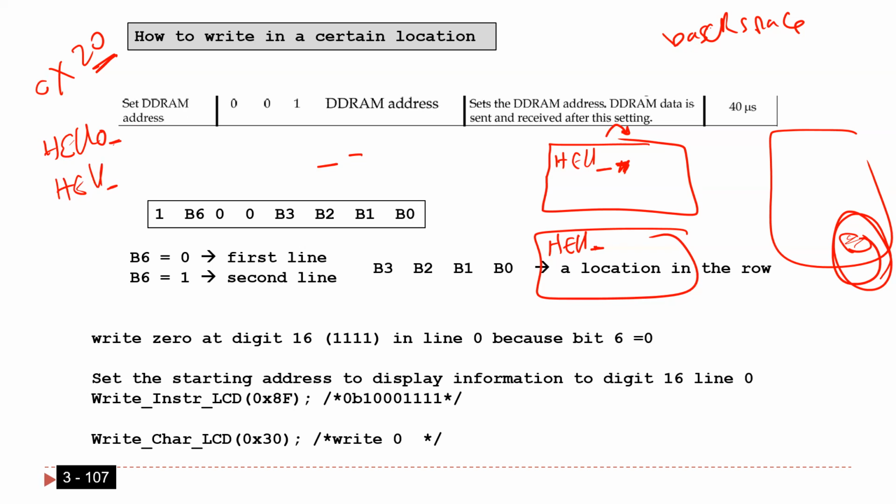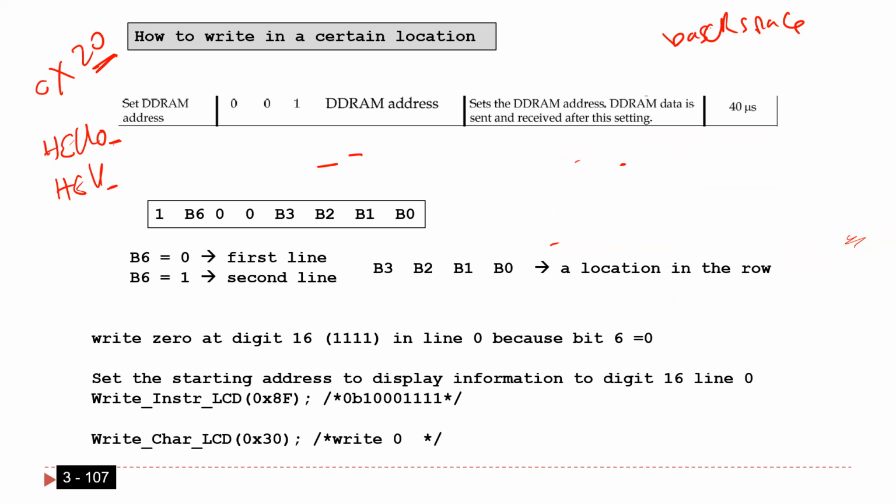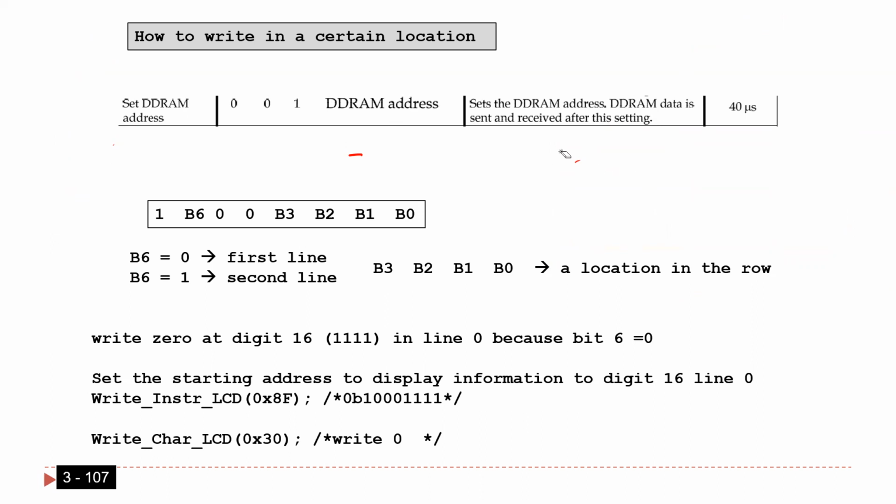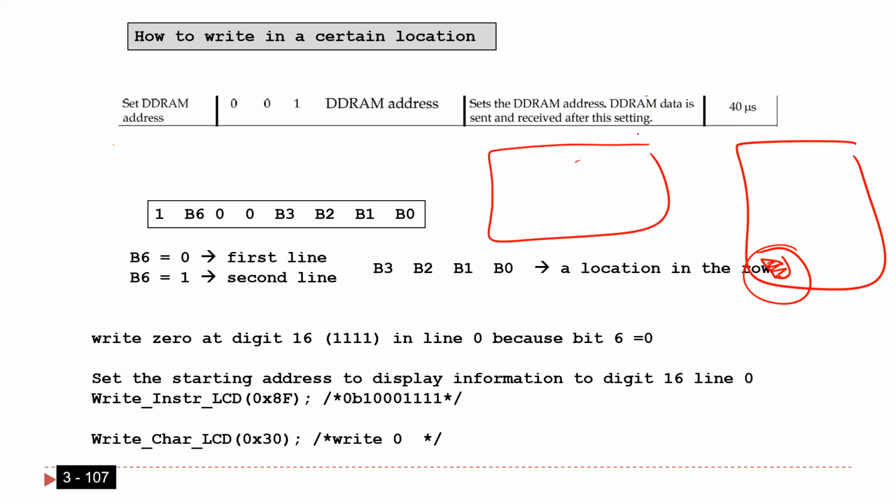Okay. The last command you need to do in the lab. I almost solved everything in the lab, except one thing. There is a command here, and I'm going to teach it right now. Look here, guys. There is one button. I don't remember which button, but assume this button here. Every time I press this button, if the cursor is in line 1, you have to move it to the beginning of line 2.